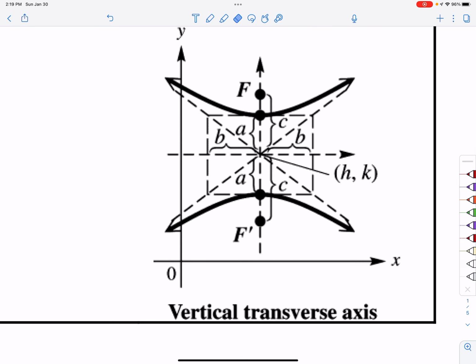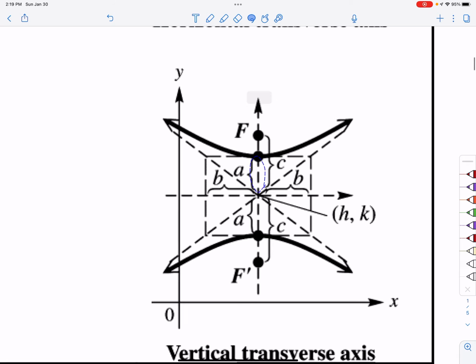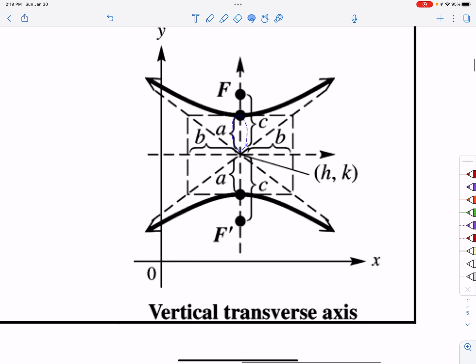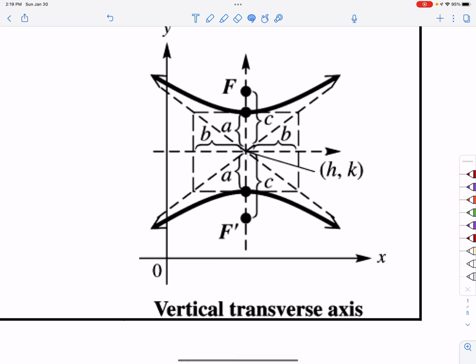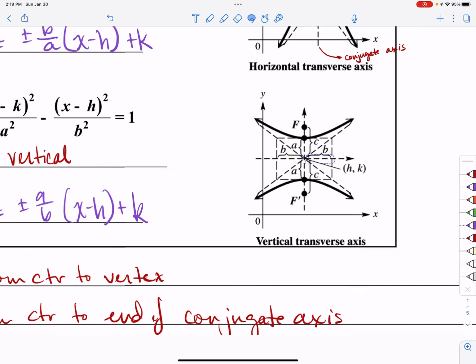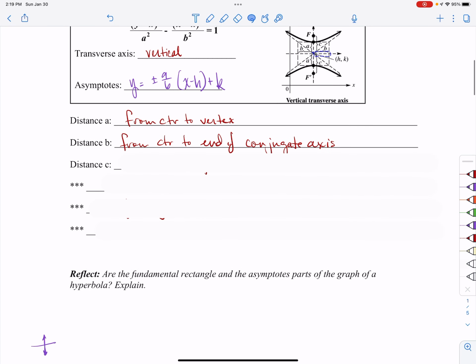You're able to get your reference rectangle, because you'll notice that the A value goes from the center to, in this case, the top and bottom of the box. In this one, it's to the right and left of the box. And then your B value goes from the center to the end of that conjugate axis. So if you know A and B, you can get your box. Your C value is going to be from the center to the focus.